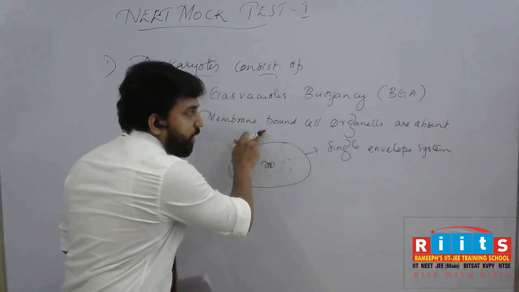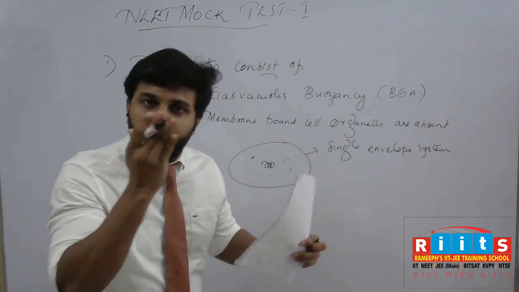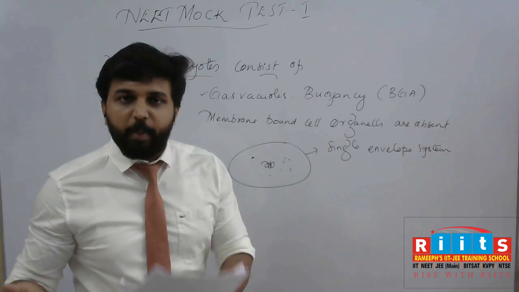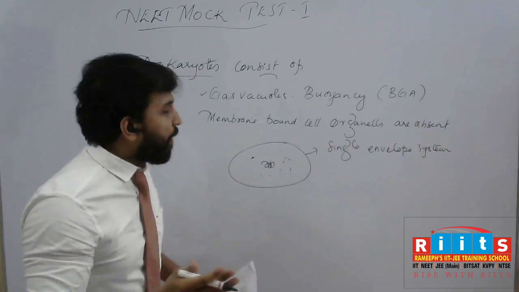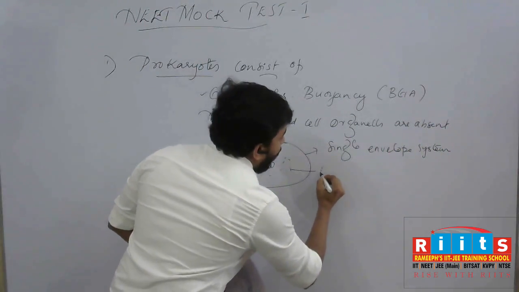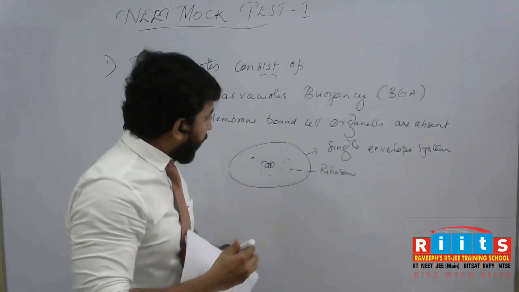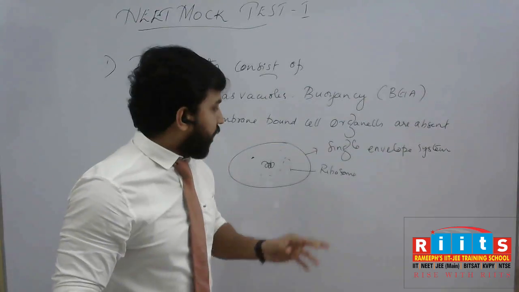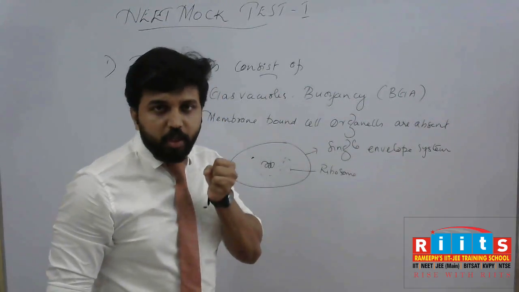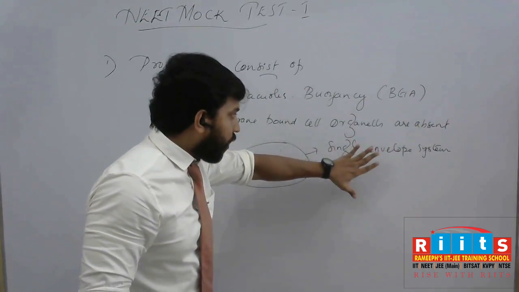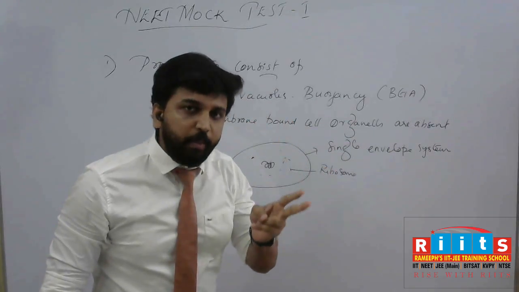So membrane-bound cell organelles are absent, so there is no double-membrane cell organelle and no single-membrane cell organelle. Only the non-membranous cell organelle, the ribosome, is there. As you know, the ribosome is the only cell organelle with a non-membranous outline.